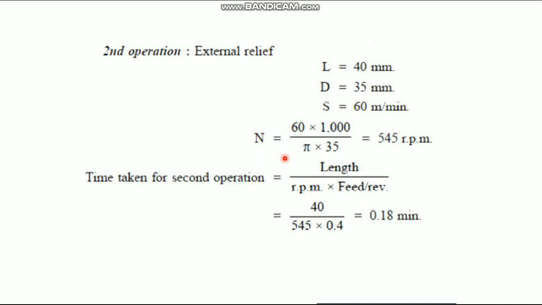Here also we want to calculate the N value because the diameter is changing. So we have L equal to 40, D equal to 35 mm, S equal to 60 meters per minute. N we can calculate, and time we calculate by using this data.